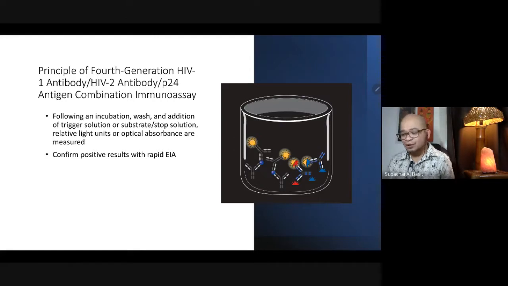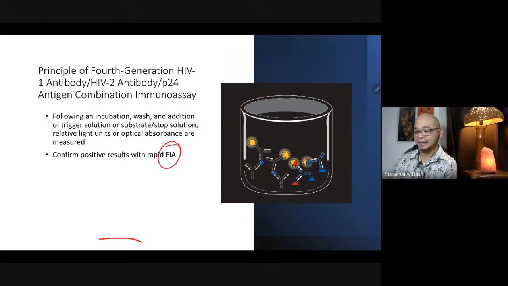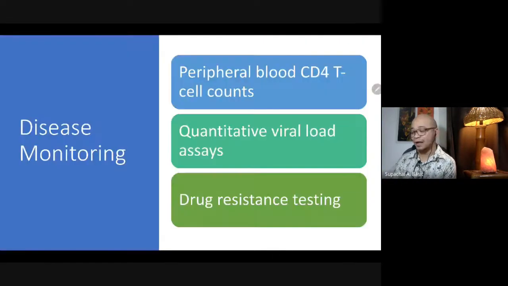Following incubation, wash, and addition of trigger solution or substrate solution, if the patient is positive, relative light units or optical absorbance are measured. Then we confirm the positive result with rapid EIA, the rapid enzyme immunoassay.